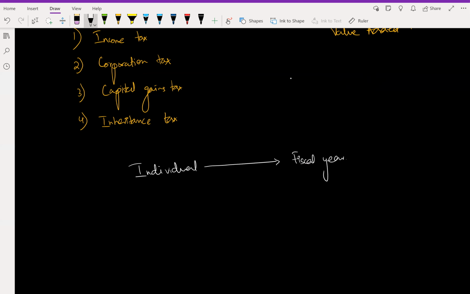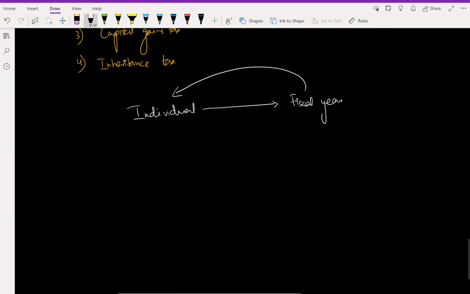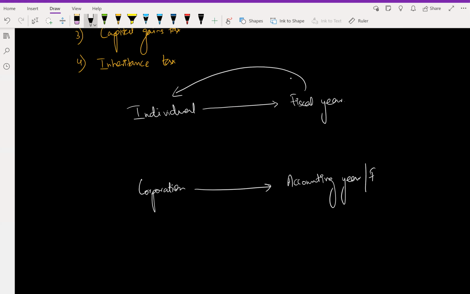The year for which an individual pays tax is called the fiscal year. Every corporation, that means company, pays tax for the accounting year, or financial year. So this is the main difference.